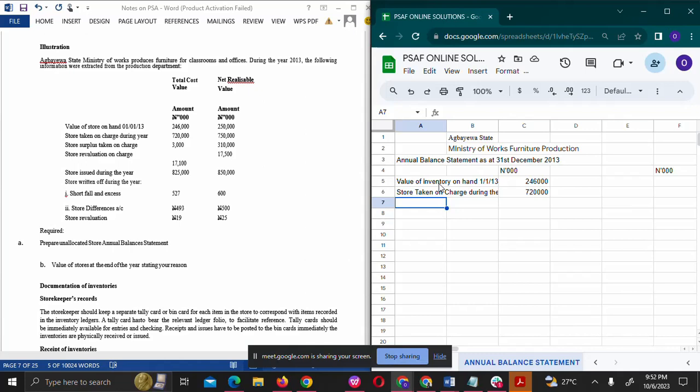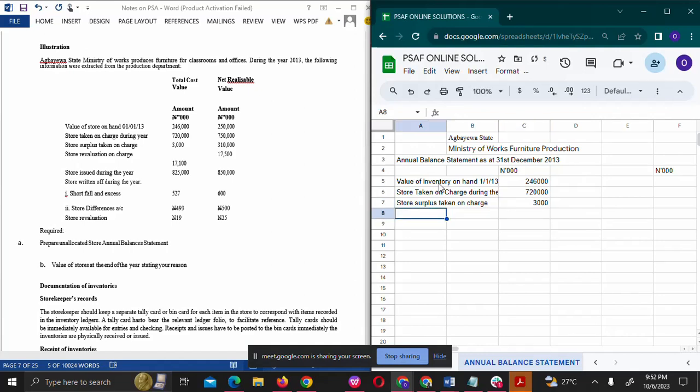Then we have store surplus taken on charge. Store surplus taken on charge is also going to increase the value of inventory, right? So it is going to be on the debit side. So we have inventory surplus taken on charge on the debit side, so you have 3,000.